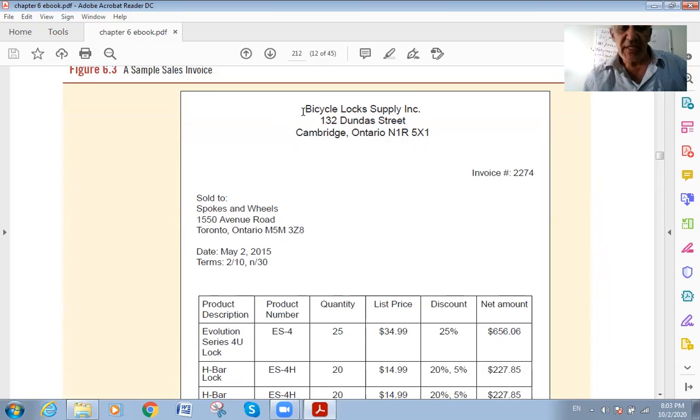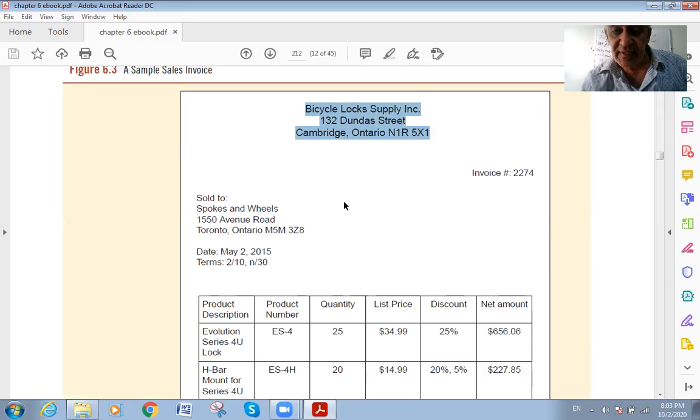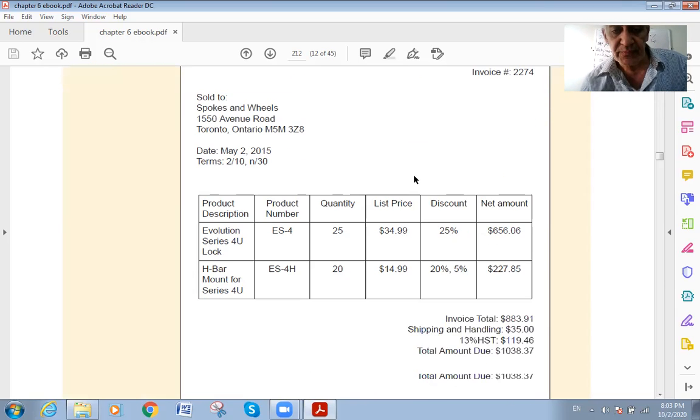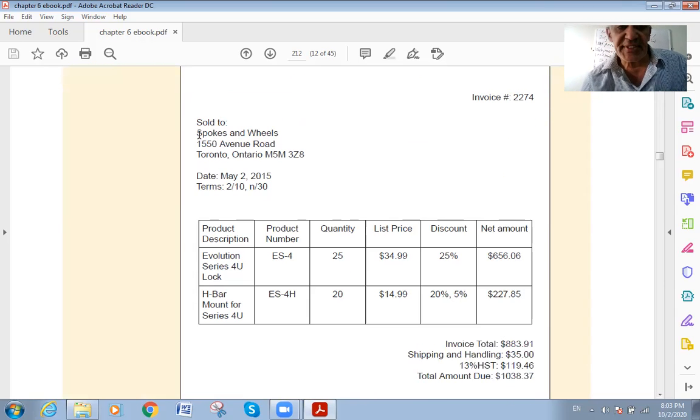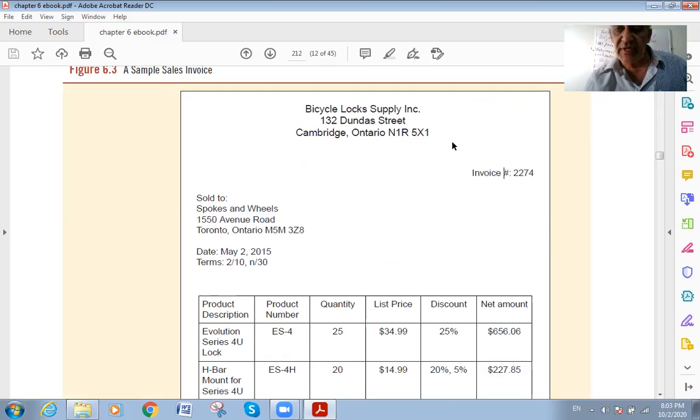So now this here is the address of the seller. This is the address of the buyer. This is the number of the invoice.